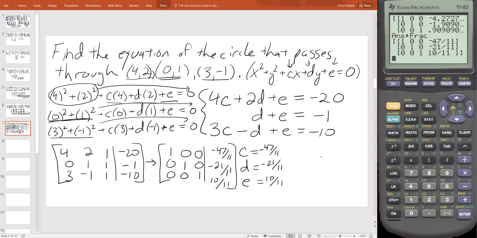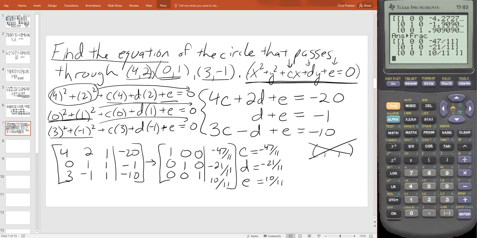Now, normally I would write that as an ordered triple, right? But I'm not going to do that here. And the reason why is because we were trying to find the equation of the circle. And this is what the equation looks like. And the whole goal was to figure out what the C value is, what the D value was, and what the E value was.